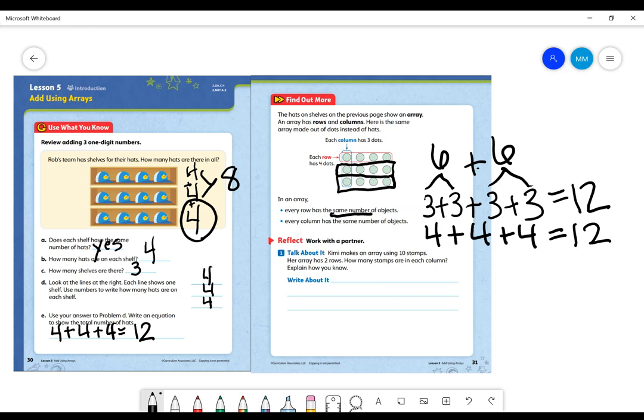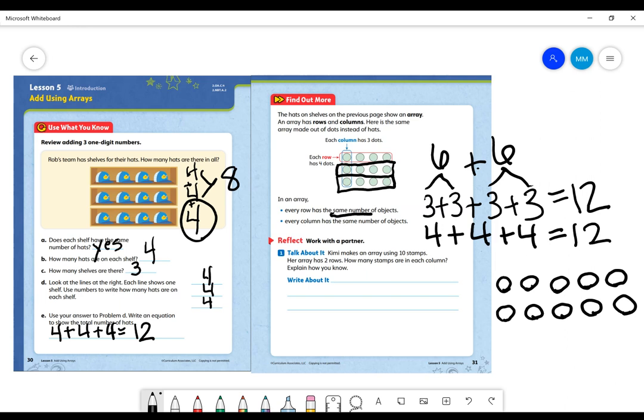What can I add that's the same part that makes 10? Let me see. 1, 2, 3, 4, 5, 6, 7, 8, 9, 10. 5 plus 5.